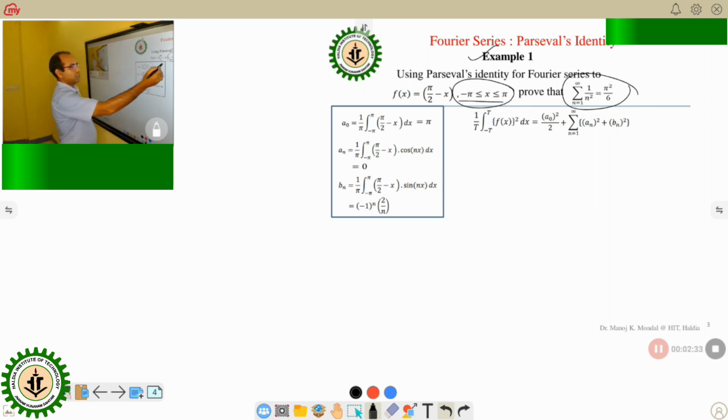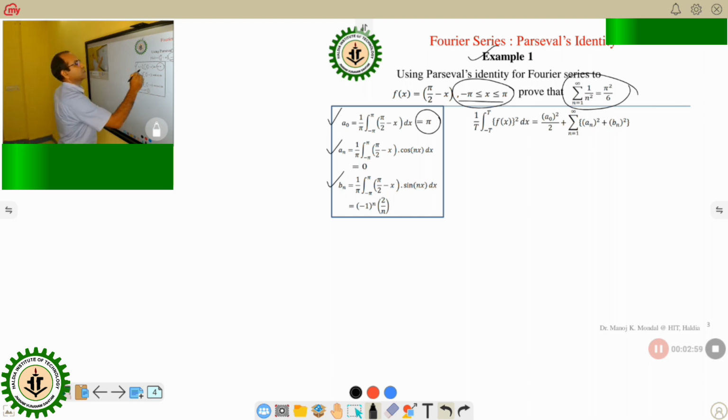For the full range series, what will be the Fourier coefficients? These are the general formulas for the Fourier coefficients. a0 is 1 by pi, integral from minus pi to pi of f(x) dx, and its value will be pi. We do not calculate it here because in the previous lectures we already explained how to find the Fourier coefficients a0, an and bn.